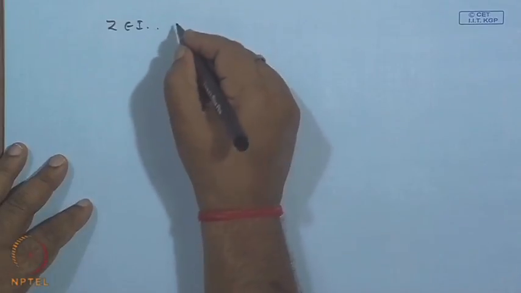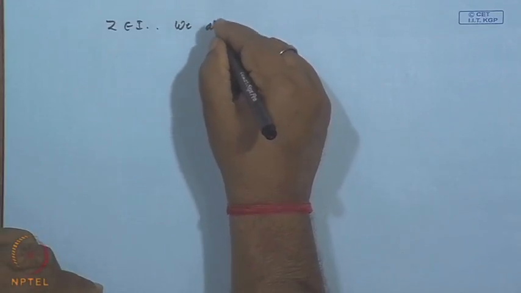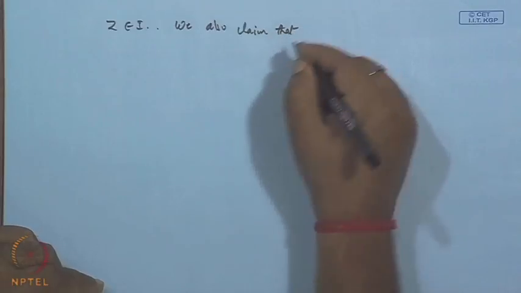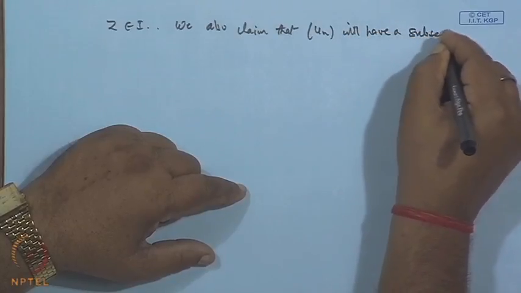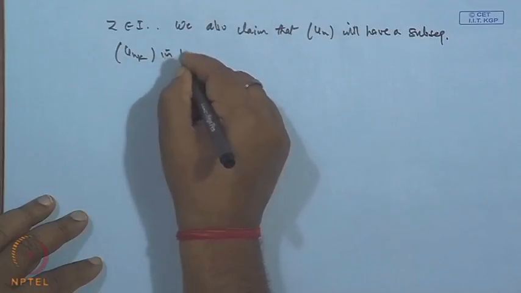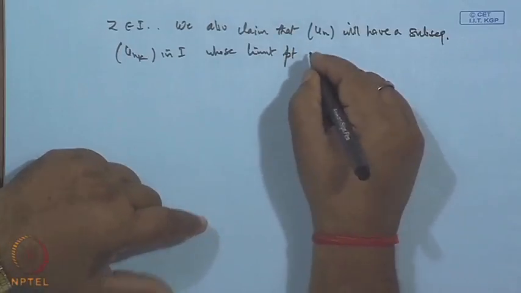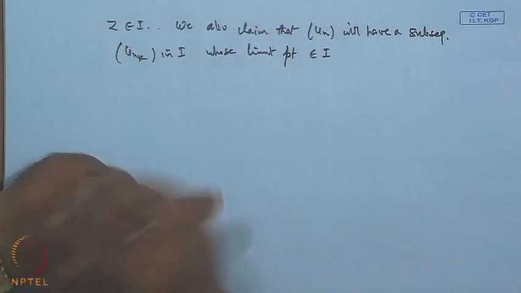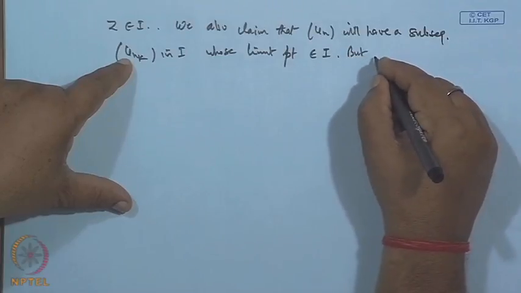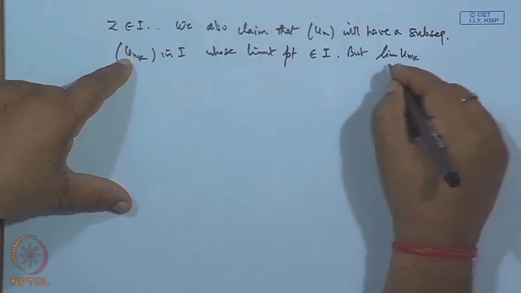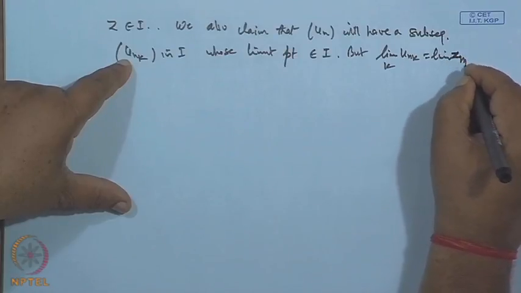Similarly, we can also claim that the sequence u_n will have a subsequence u_{n_k} in I whose limit point belongs to I. But the limit points of u_{n_k} and x_{n_k} will be the same.